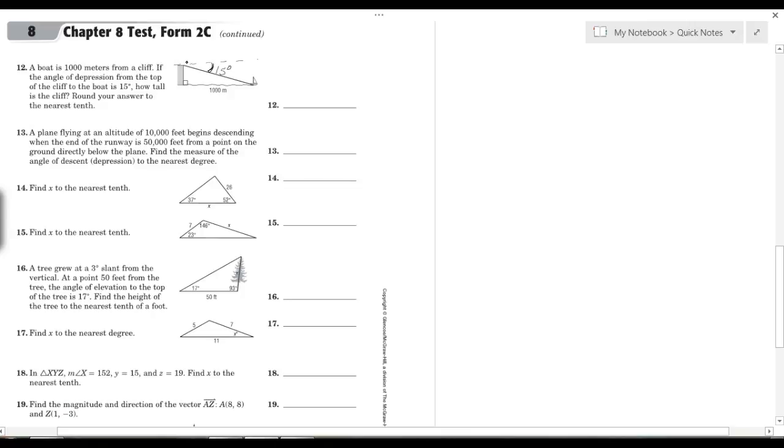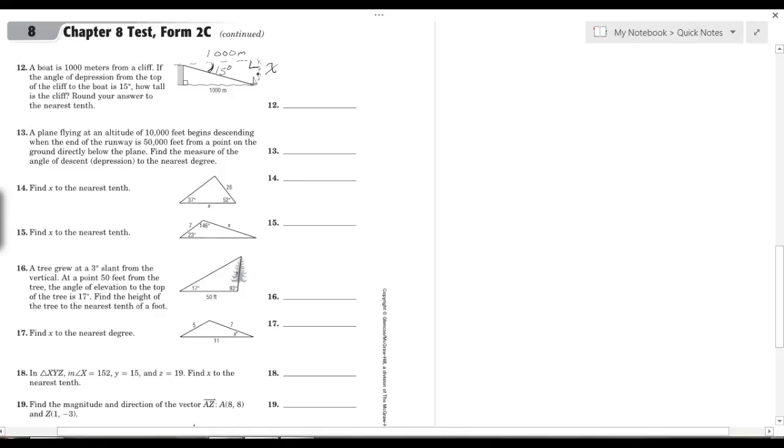So I can either know that this line and this line are parallel, and I can look for corresponding angles, or if you want, you can just redraw the cliff edge over here. So now we have two triangles. This length across here is also going to be 1,000 meters, and this is X that we're looking for.